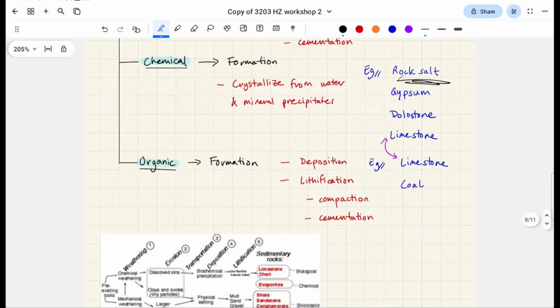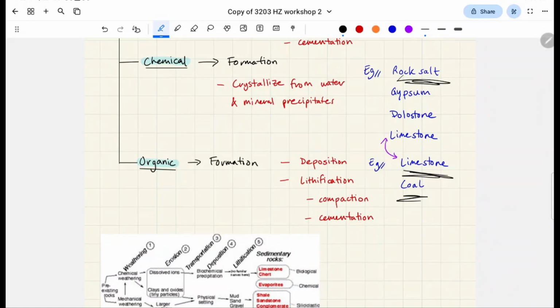Organic is when it comes from, like coal, for example, is from dead animals and beings, and then it turns into a rock. And then limestone is, as I mentioned last time, sea creature shells and the sediment particles from that.